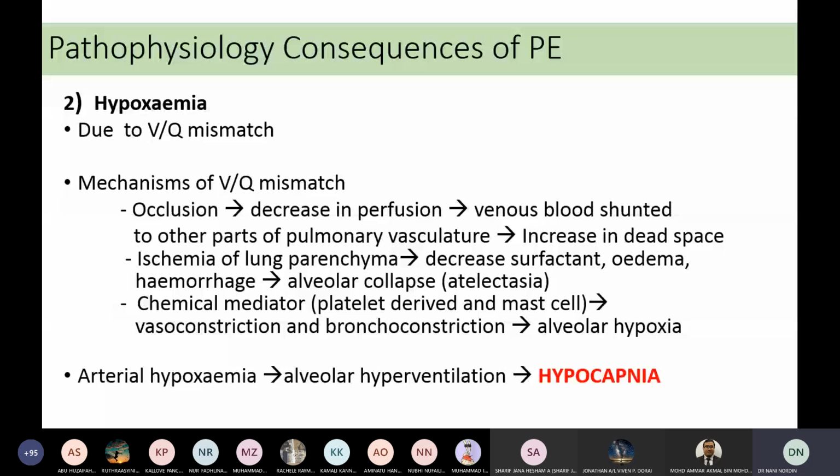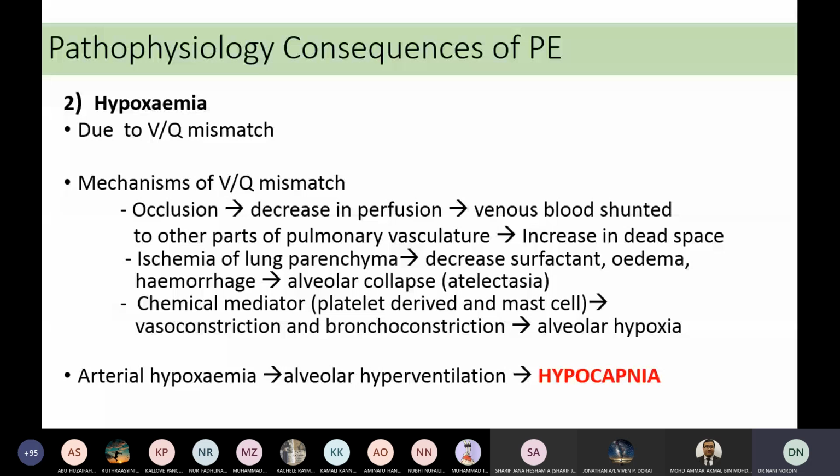What else can happen? So that is one. There are a few factors that contribute to this VQ mismatch. The increase in dead space, yes, because simply decrease in perfusion, so you will find areas in which there is ventilation but there is low perfusion.